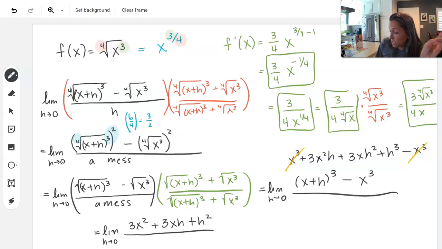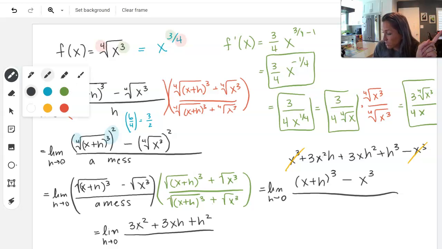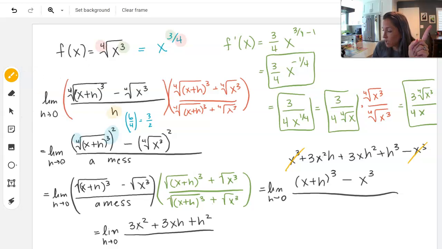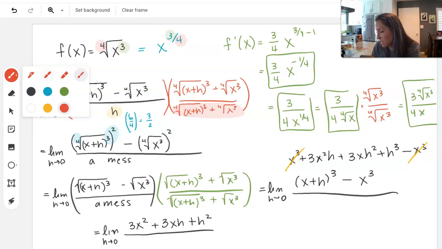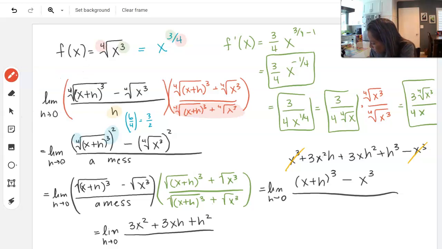Now is the nasty part. I need to pull all the mess that I got rid of, right? So I already canceled the h. Don't need that anymore. I do need that first gnarly conjugate with the fourth roots. So I'm going to bring that guy back over. We've got a fourth root of x plus h cubed plus a fourth root of x cubed.